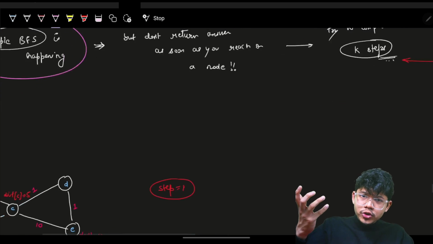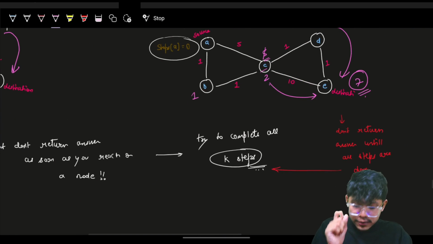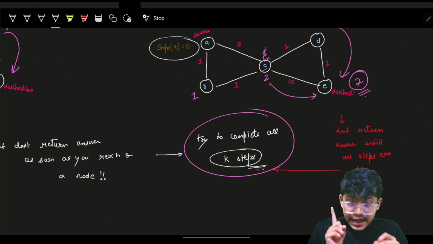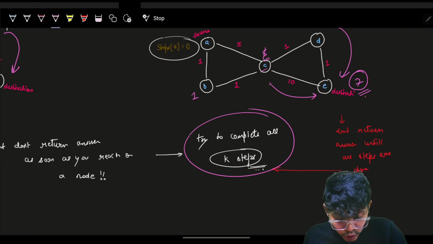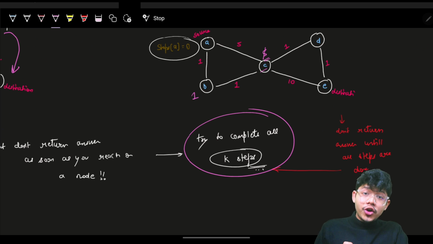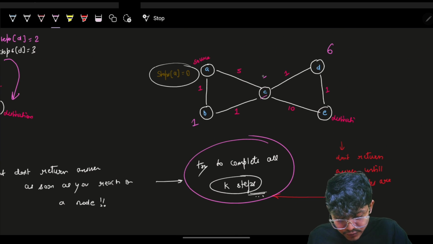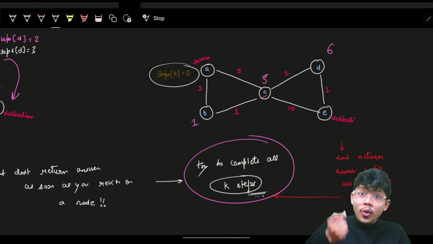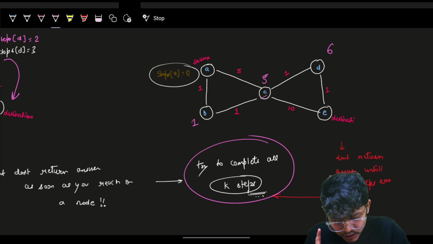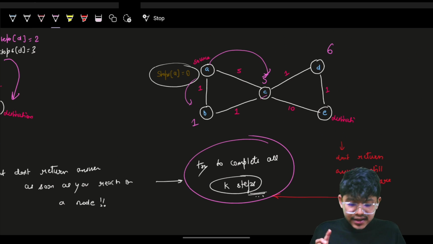Cool. So just try this for all the k steps. It doesn't matter, as I showed you, whether you had reached your destination or not. If your destination was 5, but you are allowed two steps, which means one stop you are allowed to do. If you had reached 5 in the very beginning, your distance was 1 and 5.